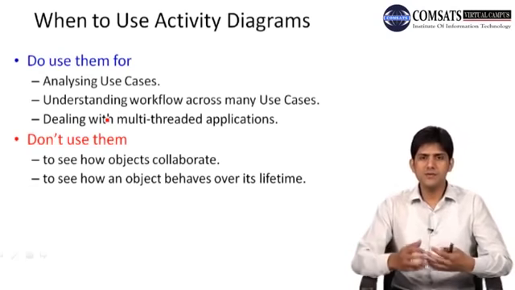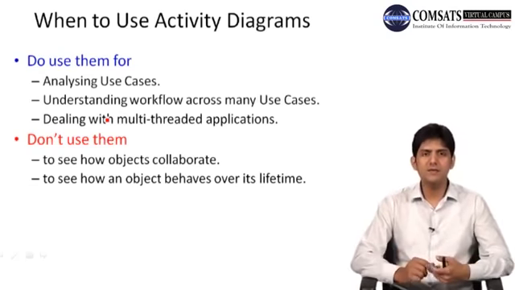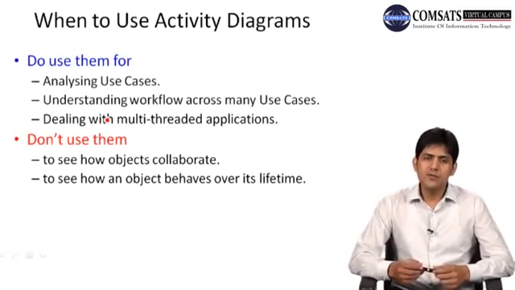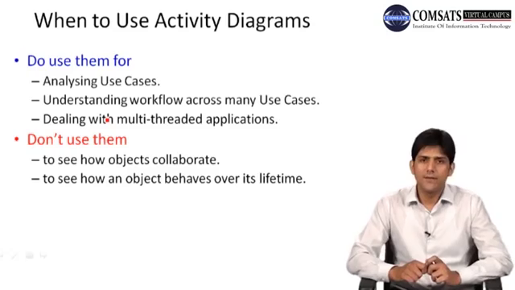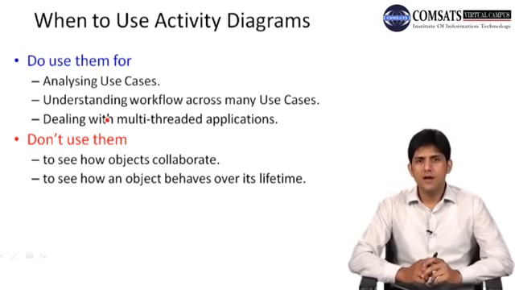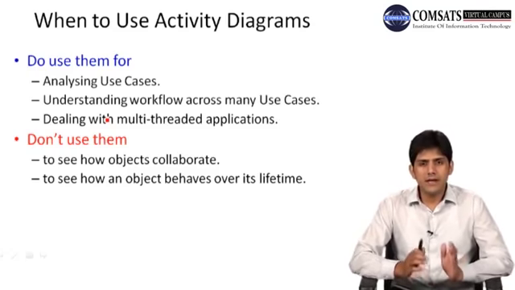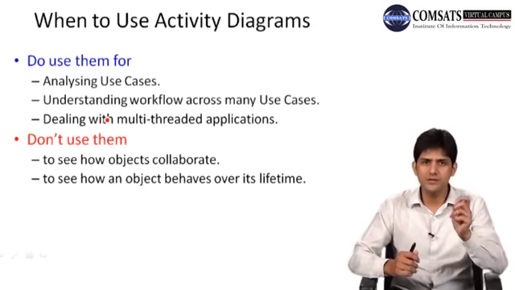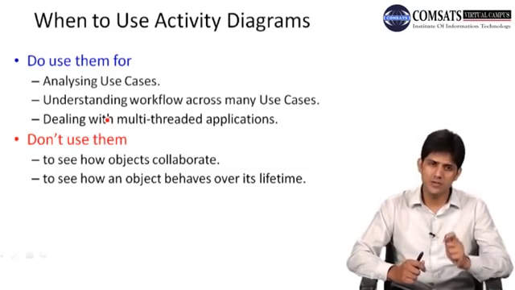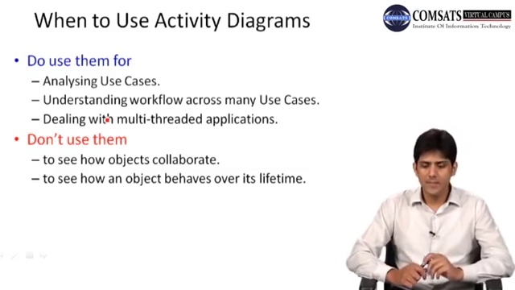Okay, so the first question is when to use these activity diagrams. First of all, as we discussed in our lecture on requirement engineering, whenever we make a use case, an activity diagram is actually a detailed representation of that use case. So the first use of activity diagrams is that you can use them to analyze use cases.